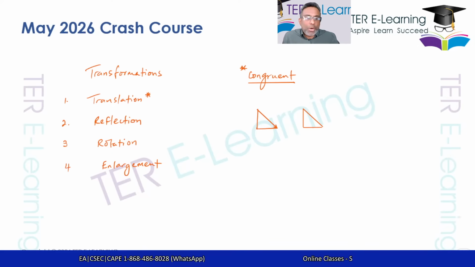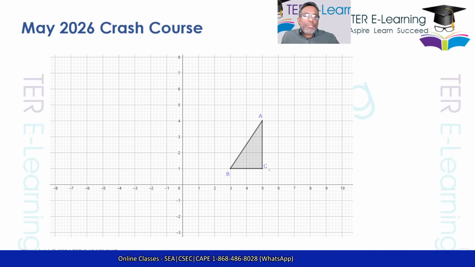Now, let's try translation and see what could actually come in the exam. You have this shape ABC, and we want to translate it. This is usually a 1-mark question: translate using a vector.